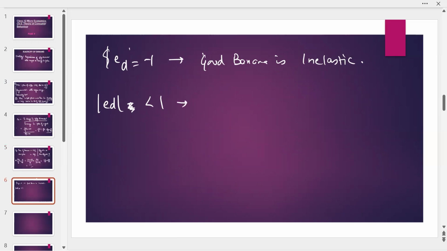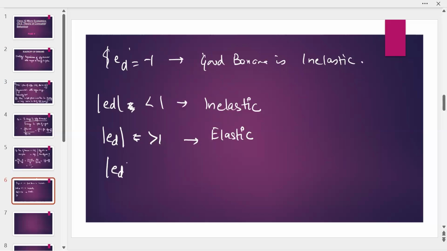if it is less than 1, we would say it is inelastic, correct? And if the elasticity of demand is greater than 1, we would say it is an elastic demand. And if elasticity of demand is 1, we call it perfectly elastic.